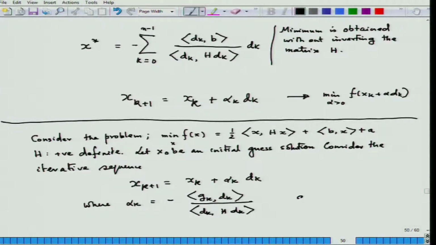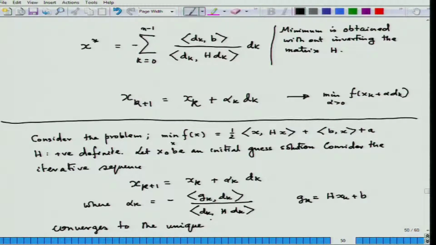Of course, g k is nothing but H x k plus b. Then this iterative sequence, where alpha k is this, converges to the unique solution x star.